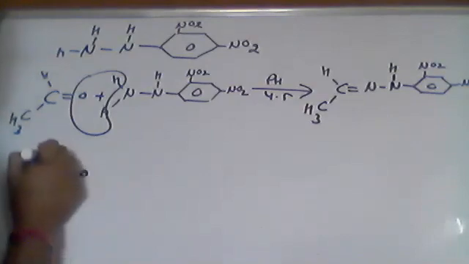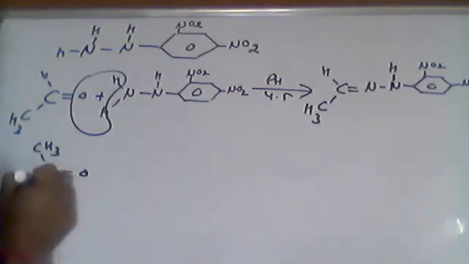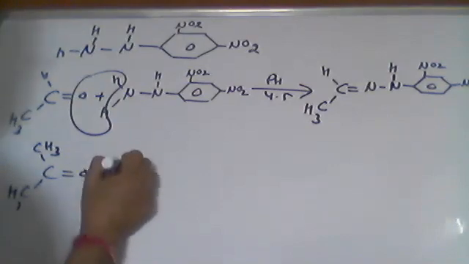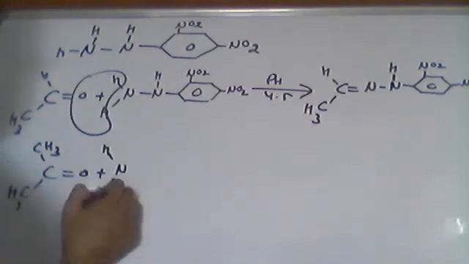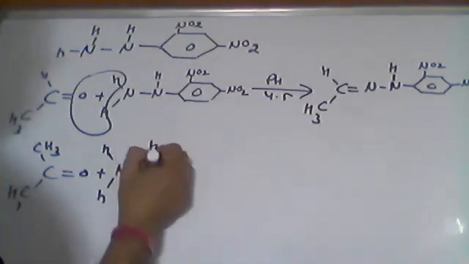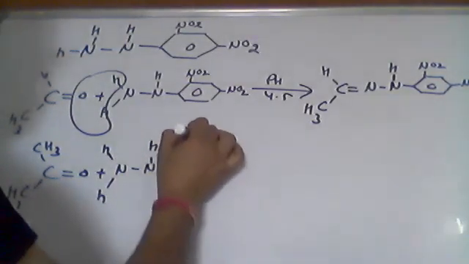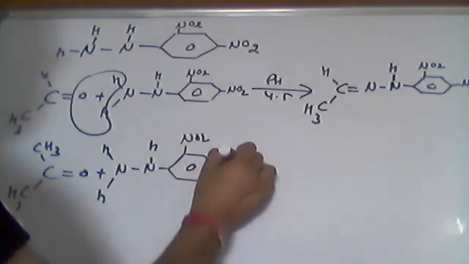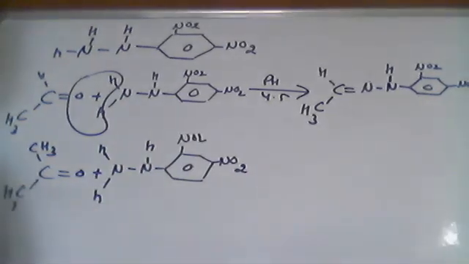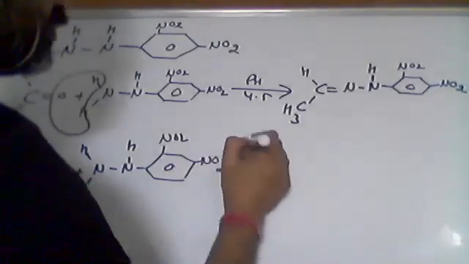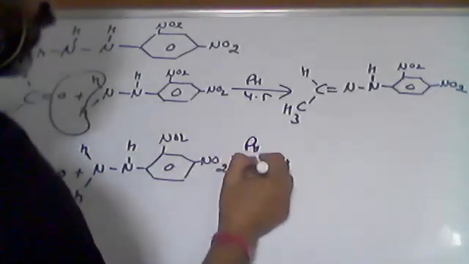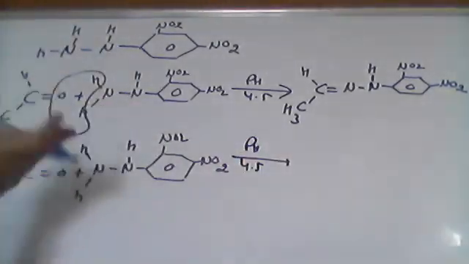C double bond O. Here we have the CH3, here I am having a CH3, plus NH, and here I will get the NH and NO2, 2,4-dinitrophenylhydrazine. And here I am going to write the pH 4.5. 3 to 5 also you can write.